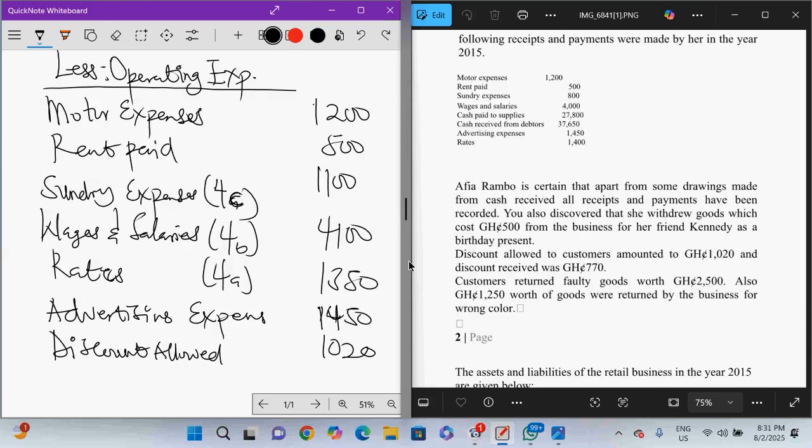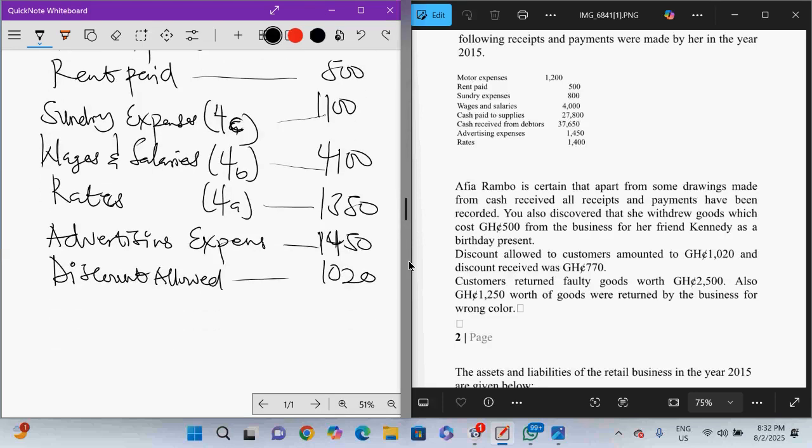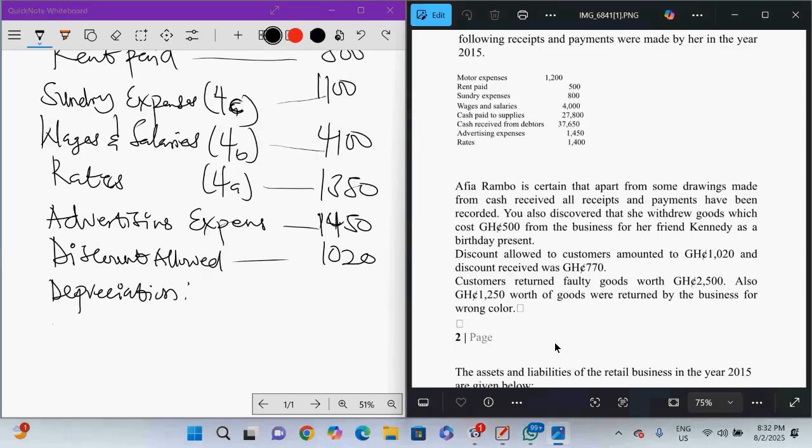Sundry expense, I think we have done that already. That's under workings. Okay, right. Then depreciation will come here, right? Yes. Depreciation is also an expense. Motor vehicle, what are the assets?